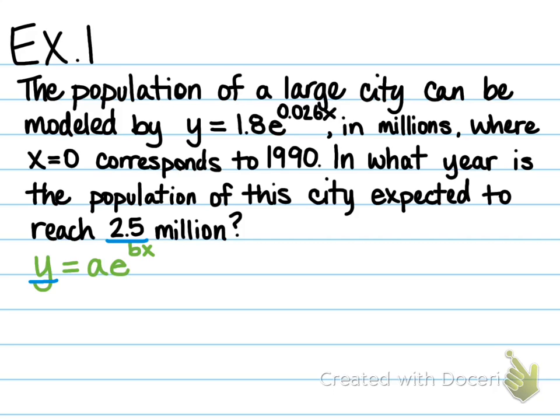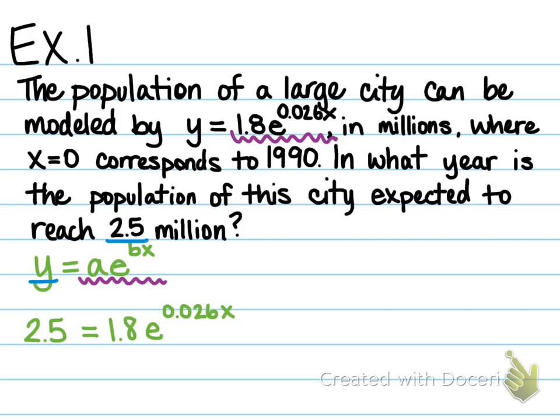Y is going to equal the amount that we're trying to get in over a certain amount of time. We're trying to see when the population is 2.5 million. And they gave us the rest of the equation in the problem. So I substitute these in, and 2.5 is supposed to equal 1.8 times e to the 0.026x power.